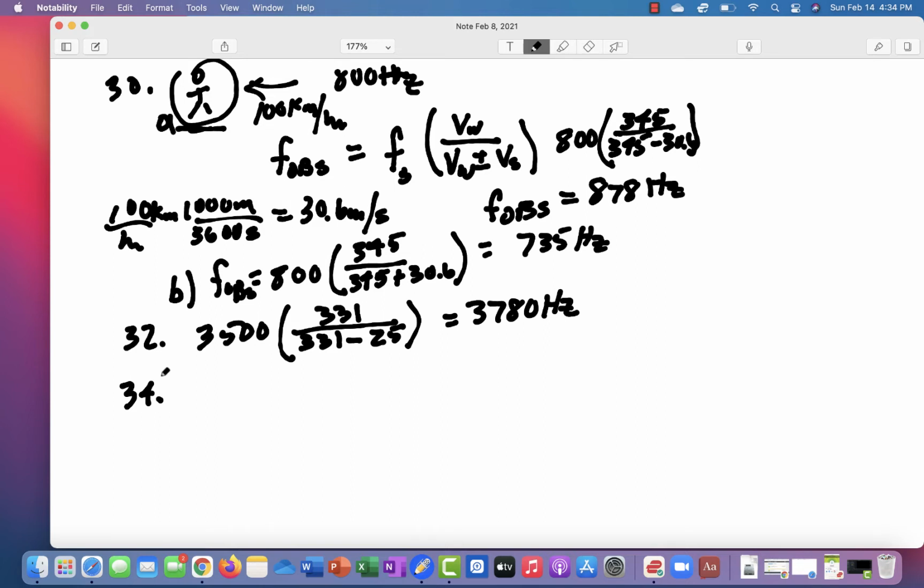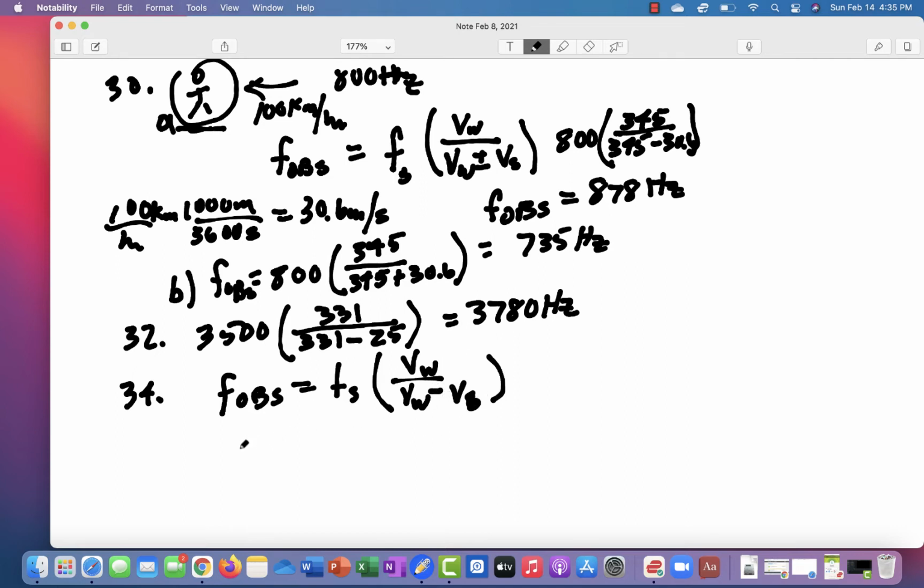Okay, so it's the same formula. The frequency of the observer is equal to the frequency of the source times Vw over Vw plus or minus Vs. Now the frequency of the observer is greater, and so that means that this must have been subtracted. So Fs is 200, F observed is 208, so whatever the train is doing, in this case, this is the source, it has to be subtracted.